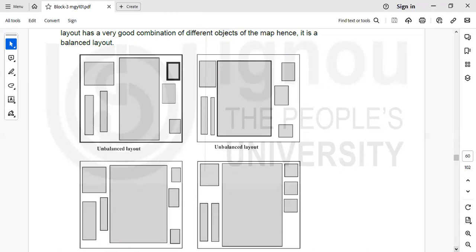And here in another layout, it is unbalanced.